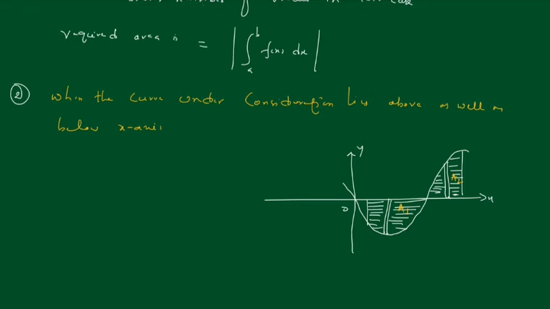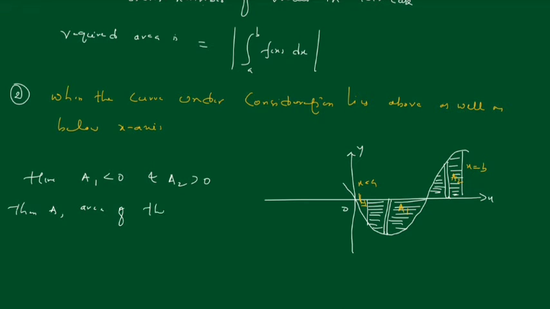It is x equals b, and here it is x equals a. Here A1 is less than 0, below the origin, and A2 is greater than 0, above the x-axis, right?